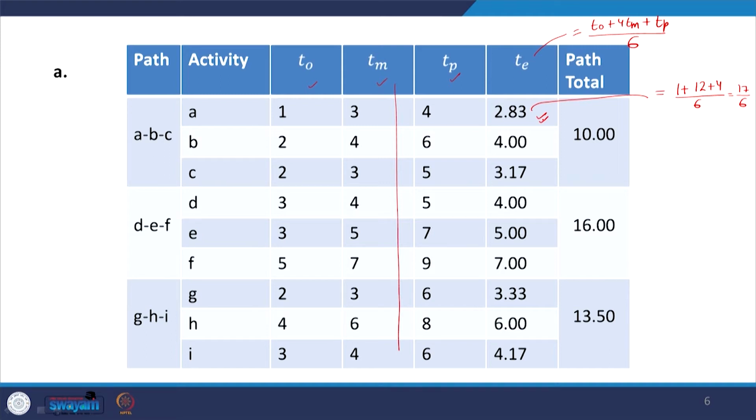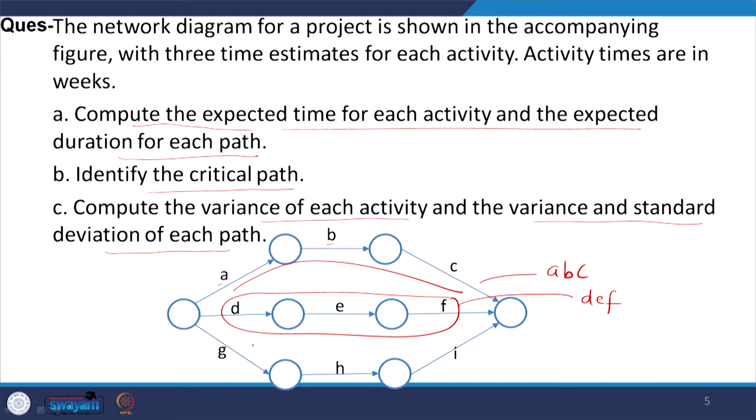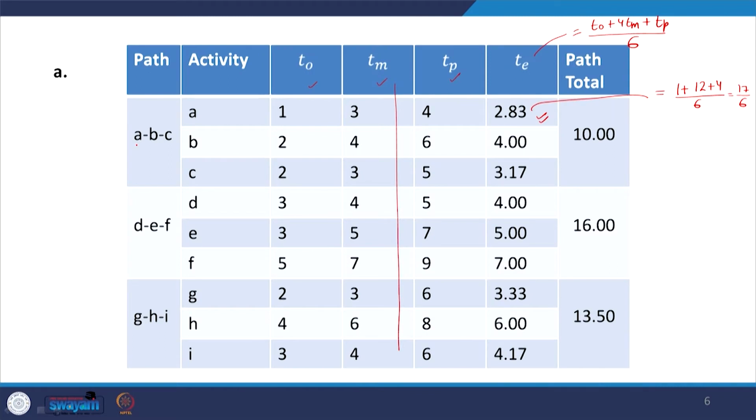Now, there are different paths. One path is A B C, another path is D E F, and another path is G H I. So, these are the three different paths, A B C, D E F and G H I, and for A B C we have calculated the total time, for D E F also we have calculated the total time, and for G H I also.